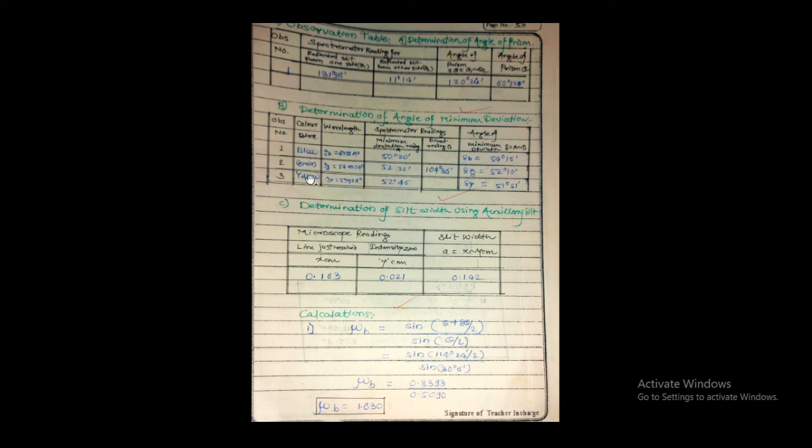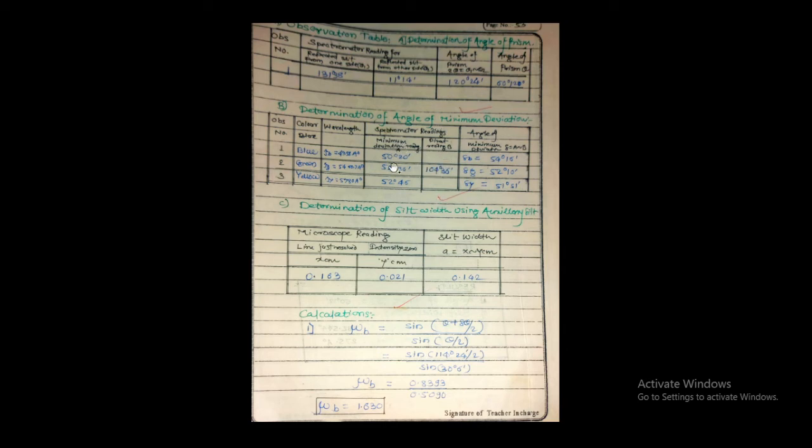Here we are taking some colors from those 7 colors as color bands, their respective wavelengths, spectrometer readings in both the windows, and angle of minimum deviation as delta equal to A difference B. It is reading A, it is reading B. When we are seeing the direct image, it is color blue having this wavelength, green color having this wavelength, and yellow having this, and it is the white light reading.